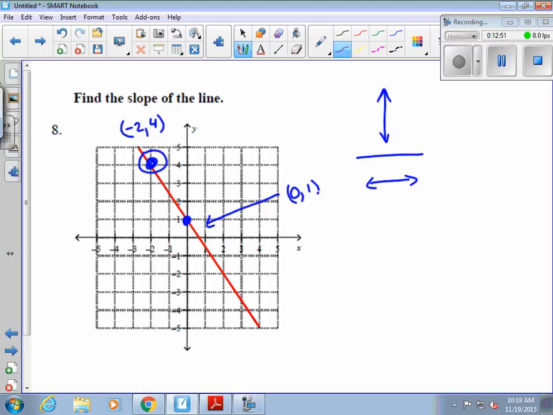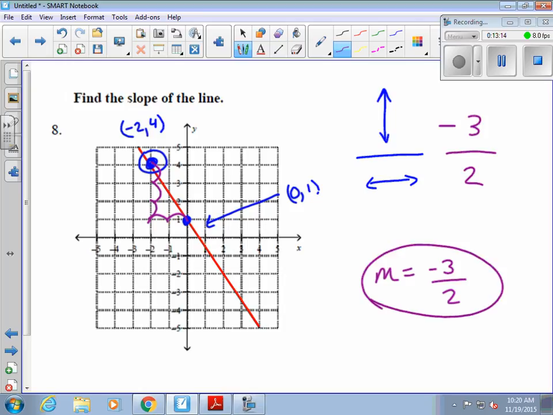So from that point, we have to go down. Just count them: 1 time, 2 times, 3 times. Down 3 means -3. And we're going to the right 1 time, 2 times. To the right is going to be +2. There is your slope right there, -3 over 2. Remember, M represents slope.